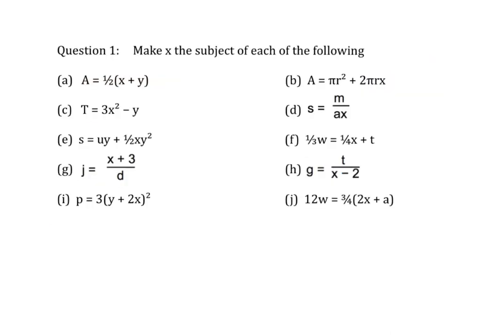So in conclusion, when you are asked to isolate or make a different variable the subject of the formula, you want to be identifying and isolating the terms that involve your variable, and quite often you do it step by step. So you don't just consider the x initially on its own in these cases.